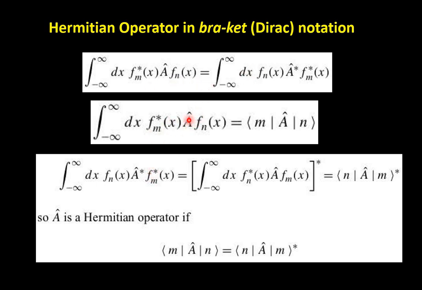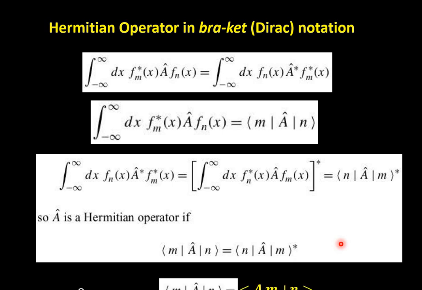That means in bracket notation <m|A|n> is equal to <n|A|m>*. This is also called the turnover rule, because there is really a turnover. m and n have exchanged their positions, and an extra star has arisen. So <m|A|n> is <n|A|m>*.